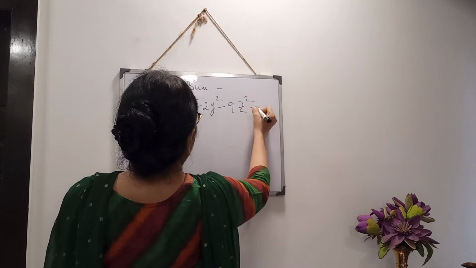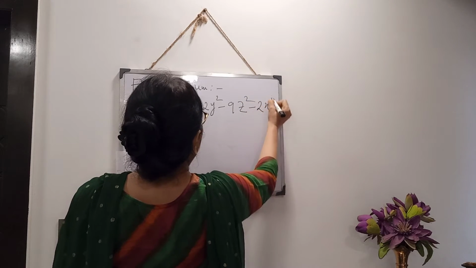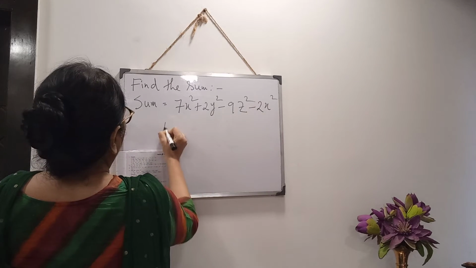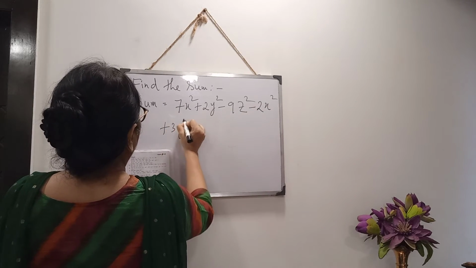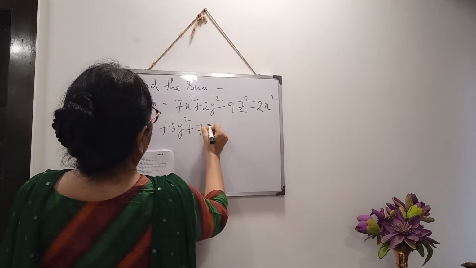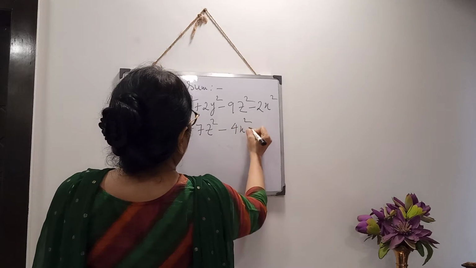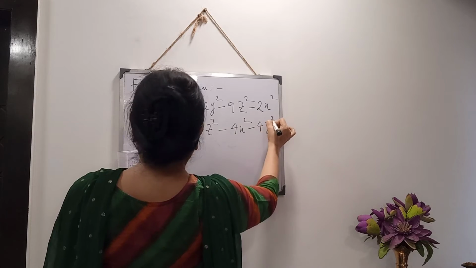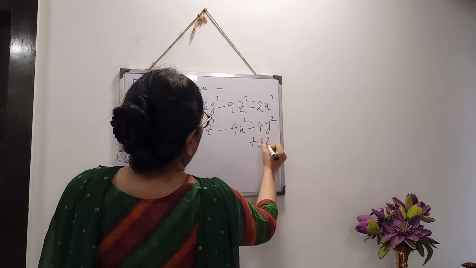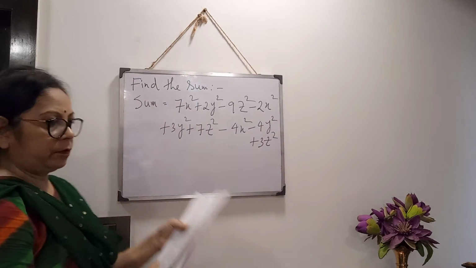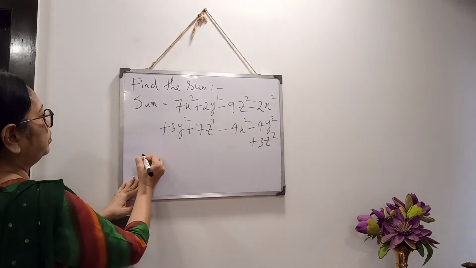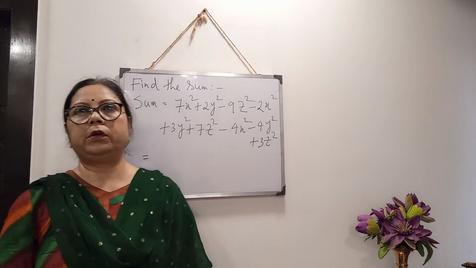Then negative sign is there. So negative minus 2x square plus 3y square plus 7z square. Again there is negative sign. Again negative this. You have to calculate the sum of this. Clear?